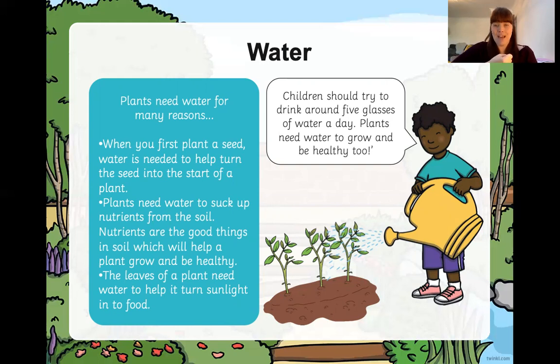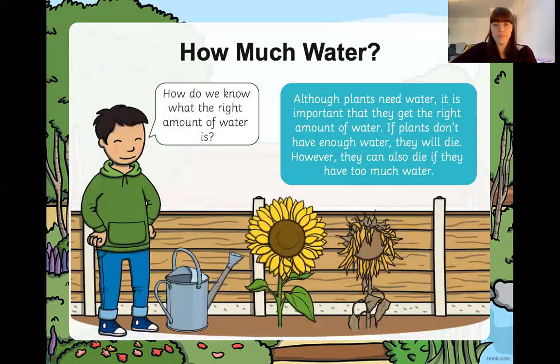And the leaves of a plant need water to help turn the sunlight into food. So all of those things we learned about the parts of a plant, they would work much better with water. And whereas you should try to drink 5 glasses of water a day, plants need lots of water too.